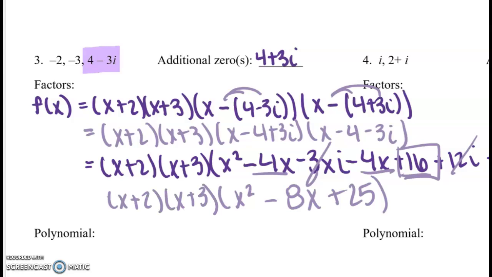Alright, last but not least, so we're done with our notes, but what I want to say is you can always go back and check your work. Now that you have the quadratic formula in your calculator, if you put this in there, so A is 1, B is -8, and C is 25. If you put that in your calculator, it should give you these zeros of 4 minus 3i and 4 plus 3i.